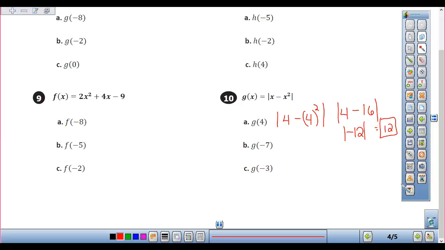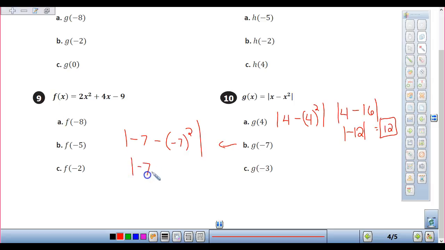So if we're doing -7 right here, so the absolute value of -7 minus -7 squared, what's -7 squared? 49. So -7 minus 49? -56. But what's the absolute value of -56? Positive 56 is what my answer is going to end up being.